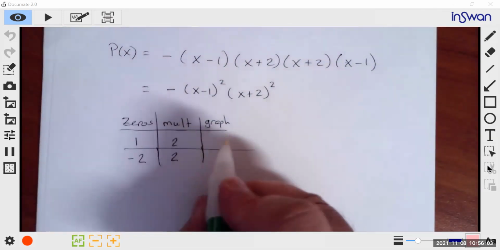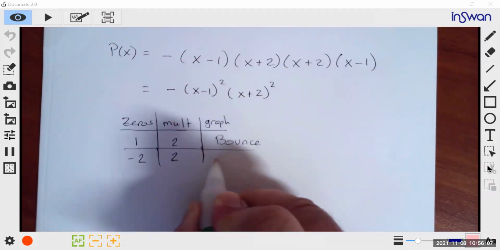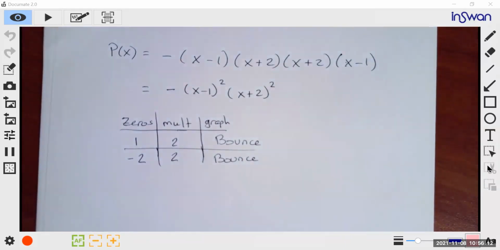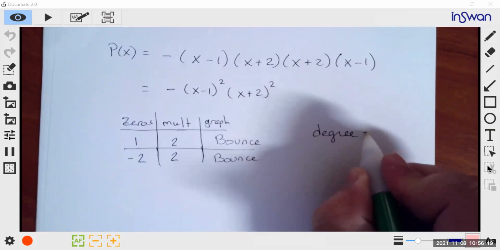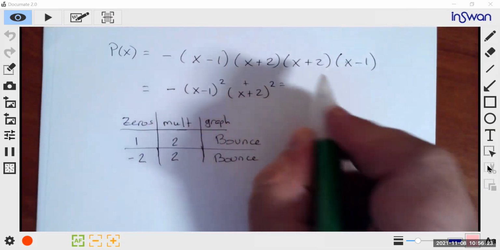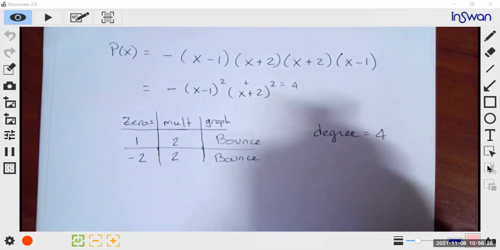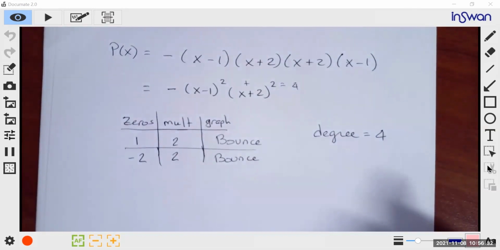So what happens on the graph at those points? They bounce. So what's the degree? Yeah. Add the multiplicities. We know the degree is 4. If the degree is 4, what's the shape of it? End behavior?